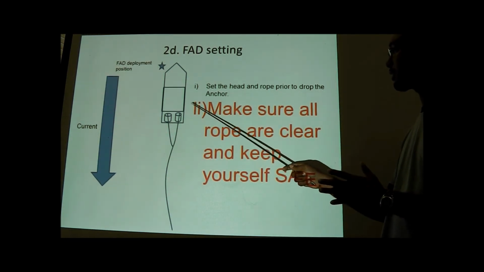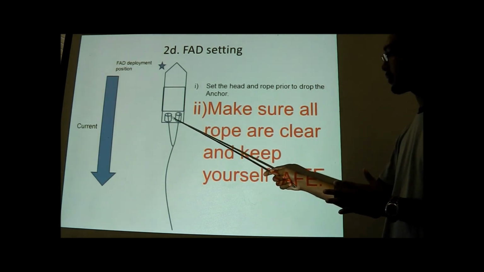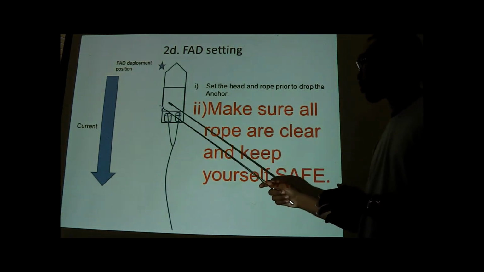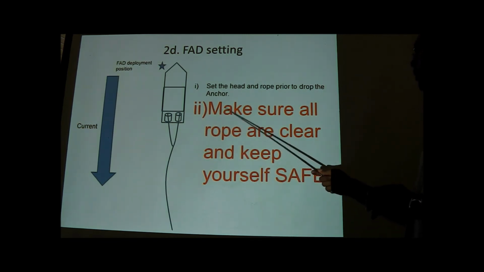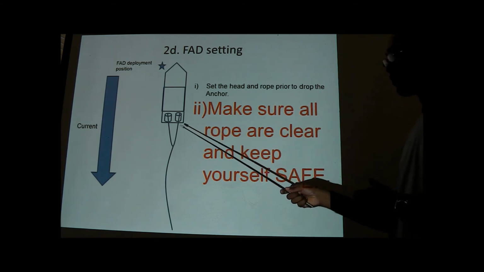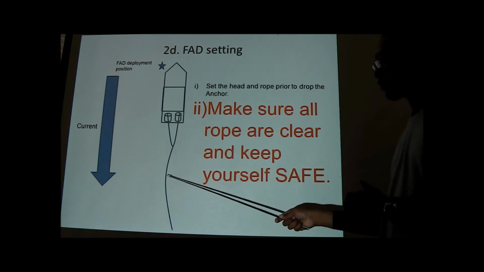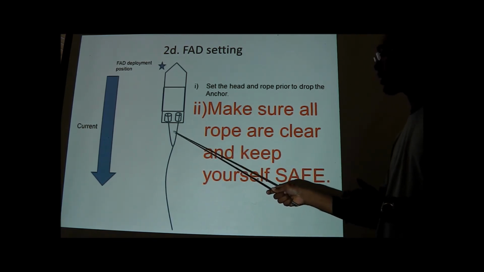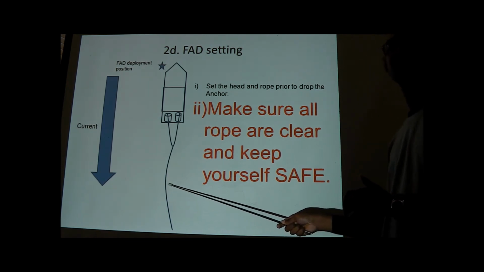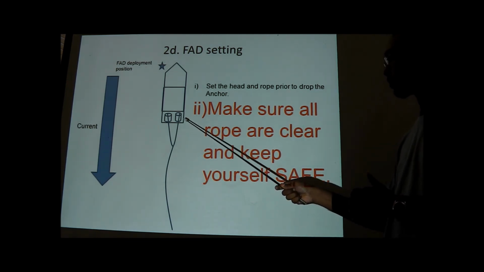The last is the anchor. Okay? But before this anchor is dropped, make sure all rope are clear and keep yourself safe. The main reason for setting against the current is so that it will help us to stretch this rope.